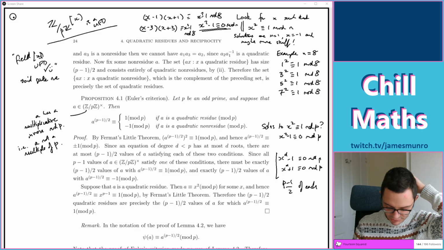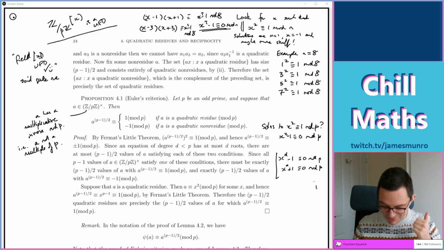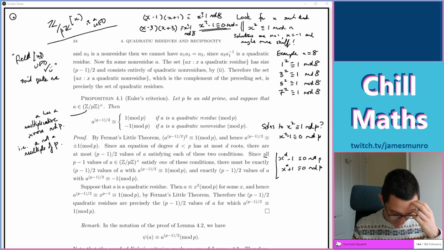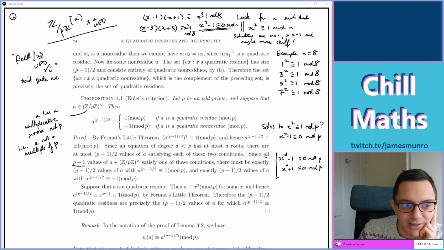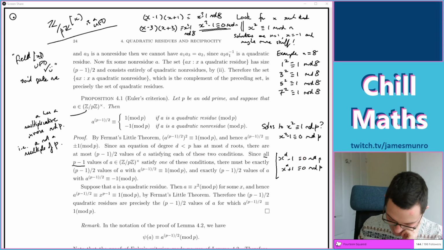Or I suppose all the solutions don't overlap, and they do cover everything. All of the p minus 1 values. Okay, so among the roots of these equations, you get everything. Maybe an example, mod 5?